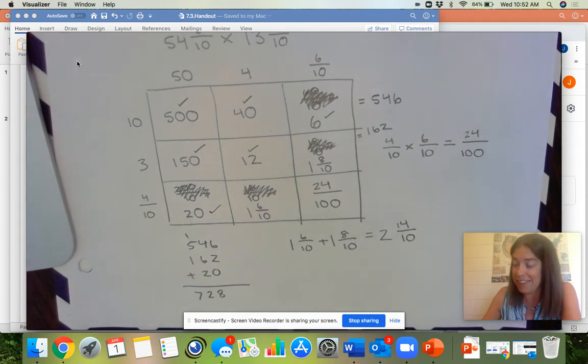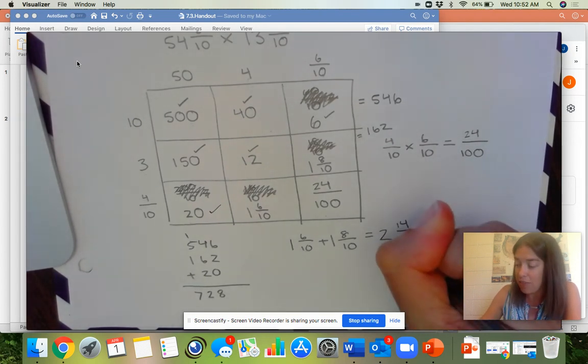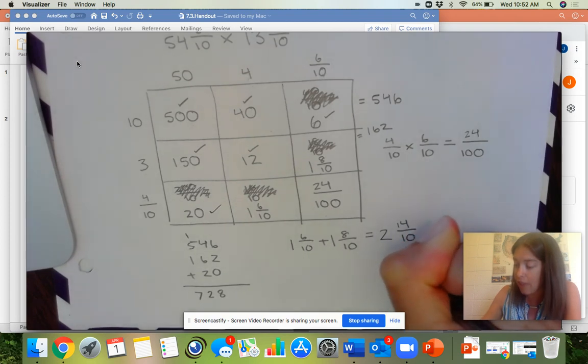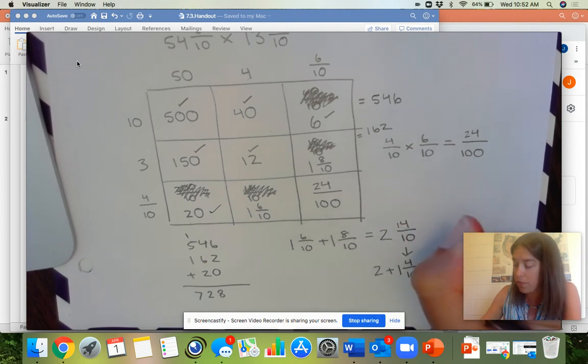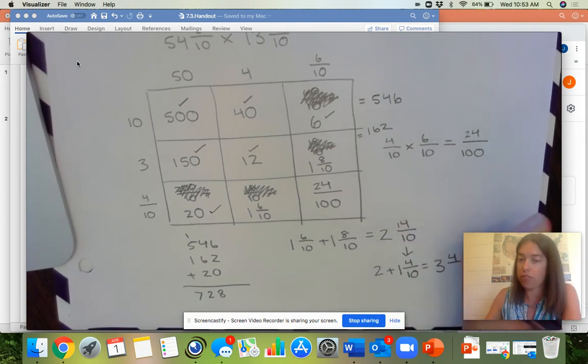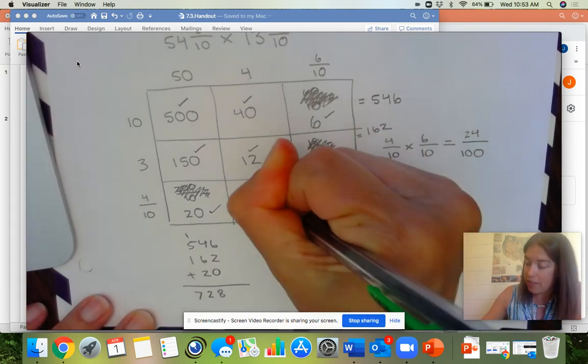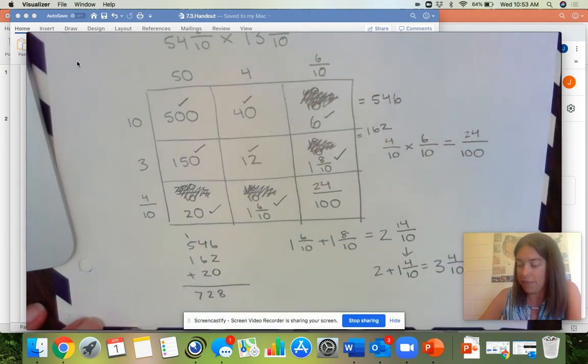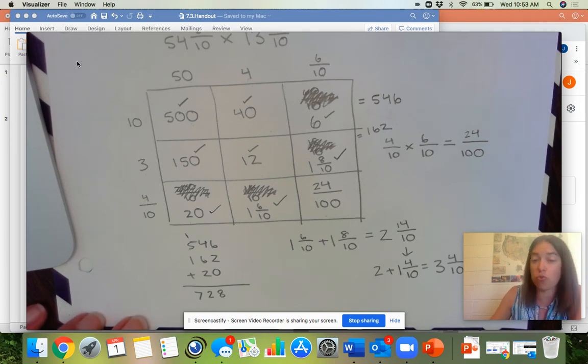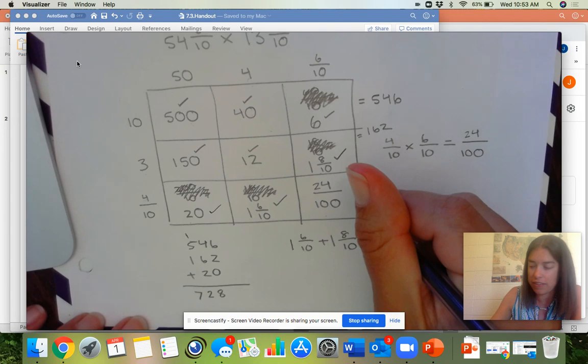But I know that 14 tenths is the same as 1 and 4 tenths, plus I already had 2, so this will give me a total of 3 and 4 tenths. I've now added my 1 and 6 tenths and my 1 and 8 tenths. All right, the last thing I need to add is my 24 hundredths.